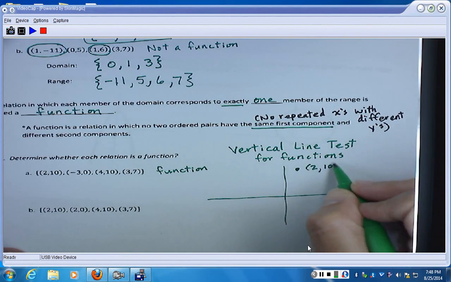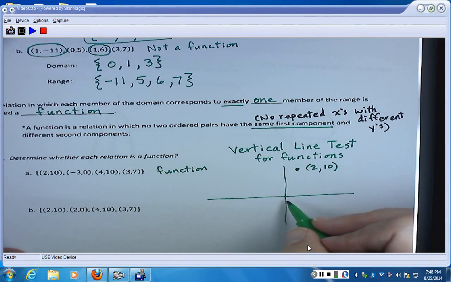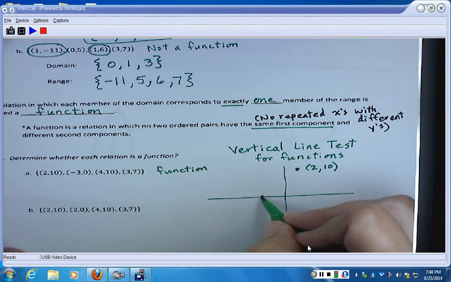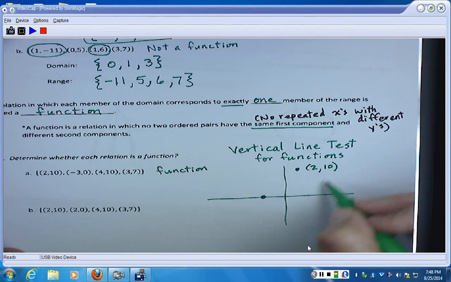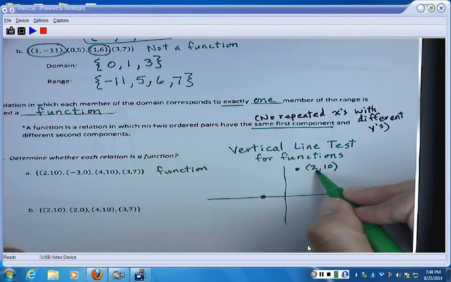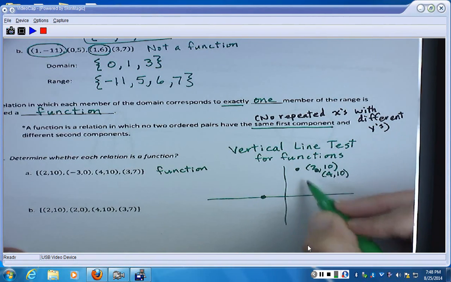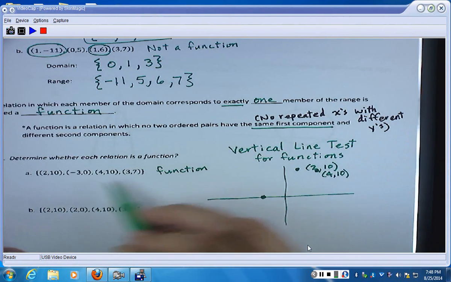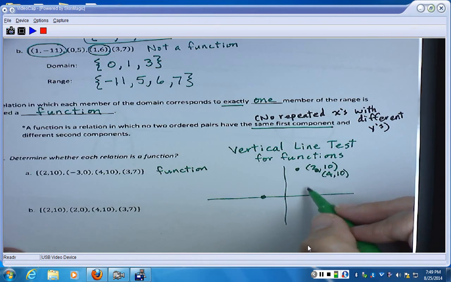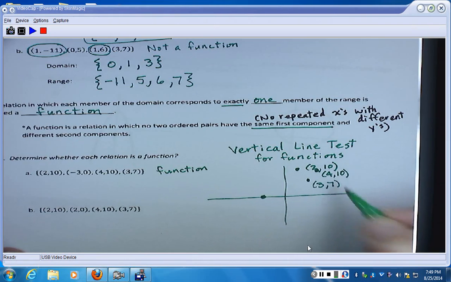Negative 3, 0 here, 4, 10 will be up here, and 3, 7, say right here.